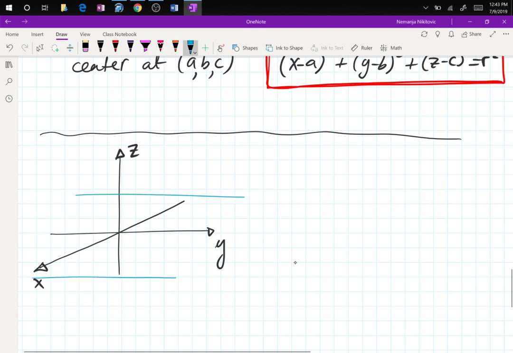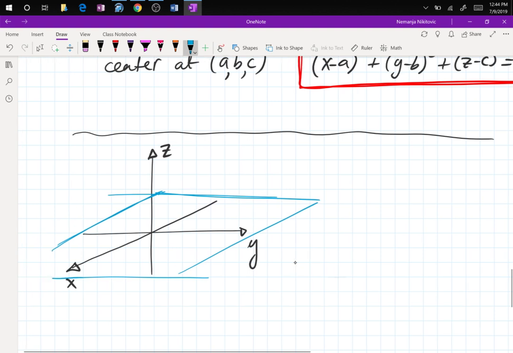So you draw parallel lines to y and parallel lines to x to create the plane, which is the floor.